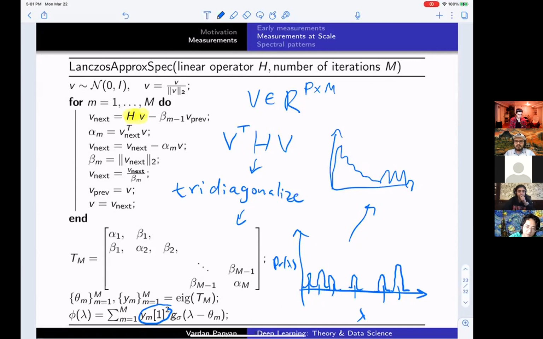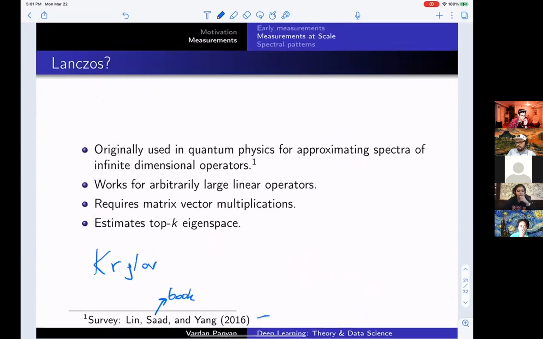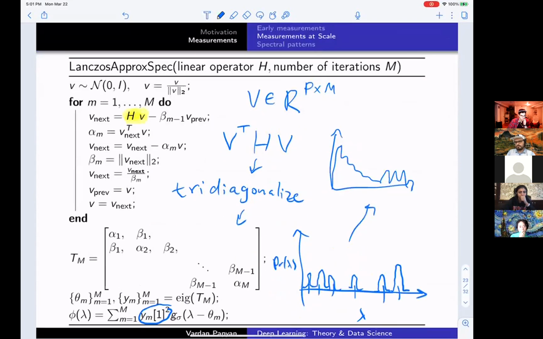There are theoretical results that analyze the convergence of this method, but I'm not going to discuss them. If you look at the paper that I cited here, you could see references that would show at what rate you converge to the real spectrum.